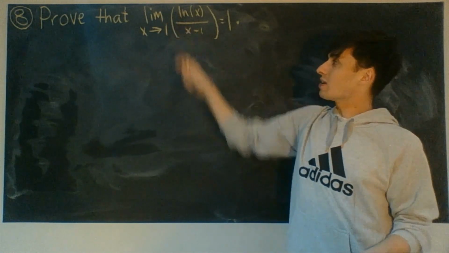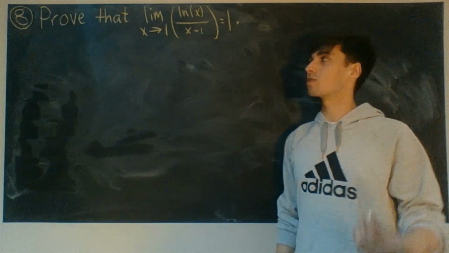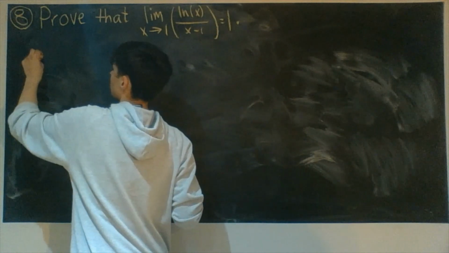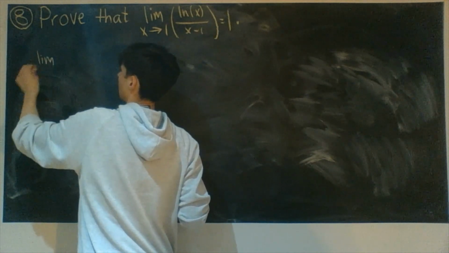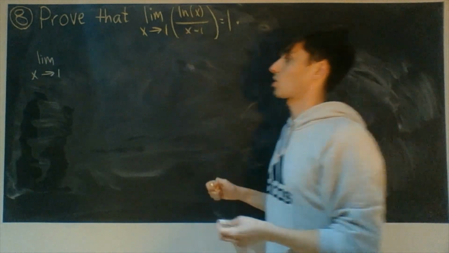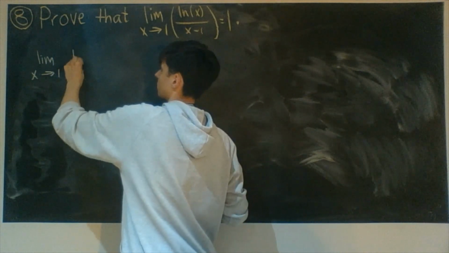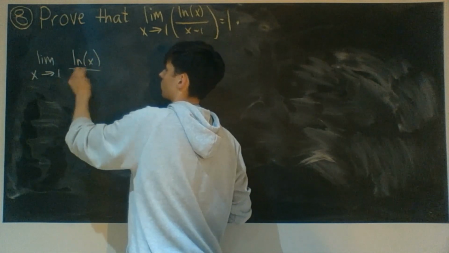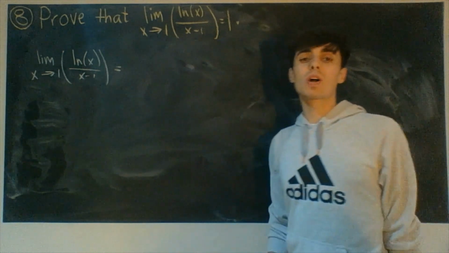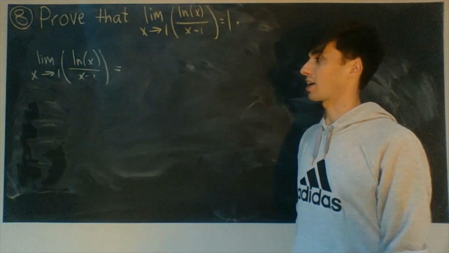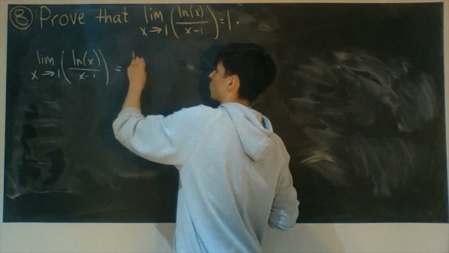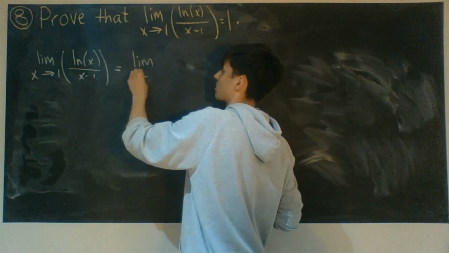So can we rewrite this limit in terms of a Taylor series? Let's try it. So the limit as x goes to 1 of ln x over x minus 1. Well, we just worked out the Taylor series for ln x. So let's write that out as a new and improved limit. So x goes to 1.